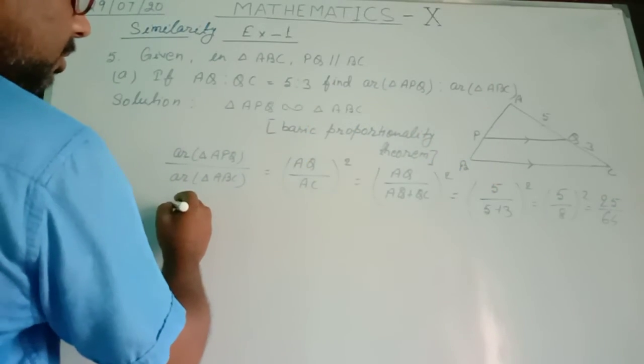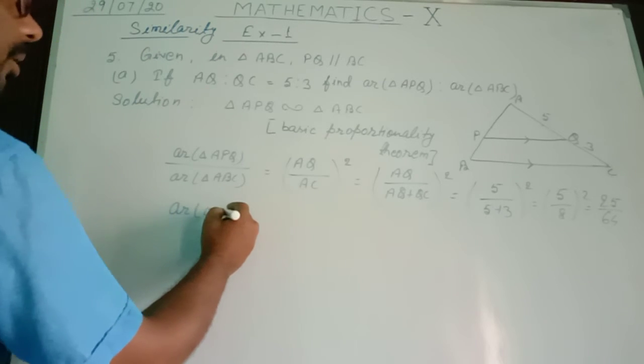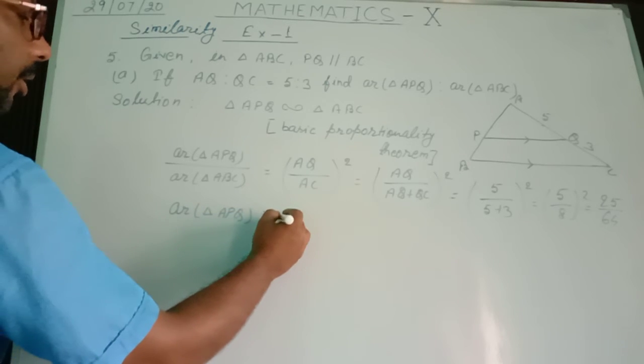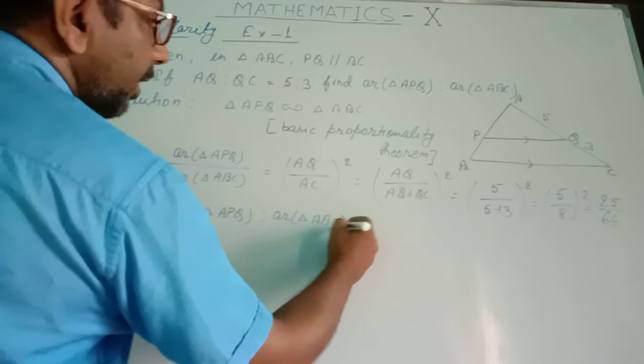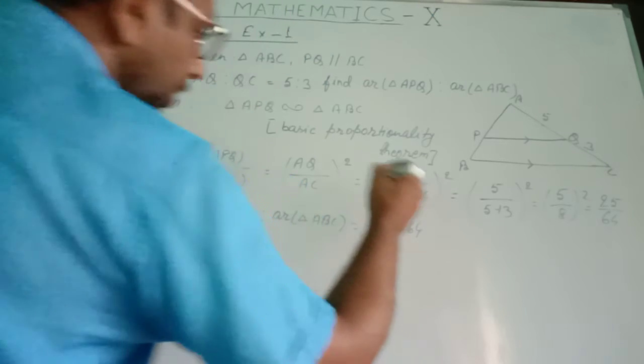In which order the question is asked, you write that area of triangle APQ is to area of triangle ABC equal to 25 is to 64.